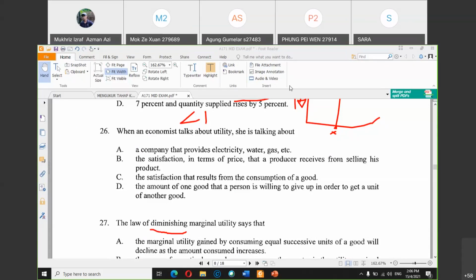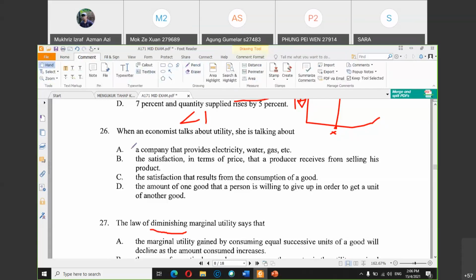Utility is all about the consumer, not the supplier. Supplier is about selling products, costs, wages, labor, economic profit. That is the supplier or producer side. For the consumer, you talk about utility, satisfaction. So the best answer will be C.